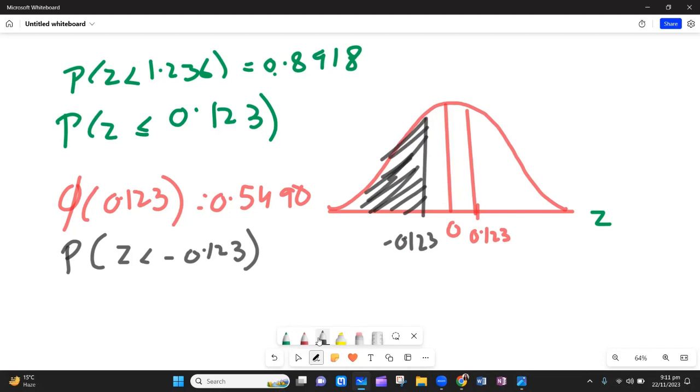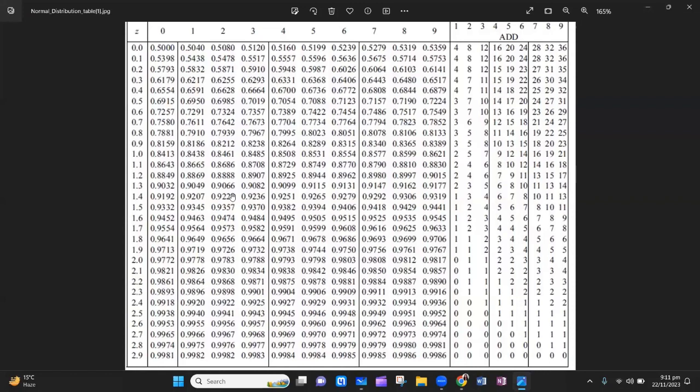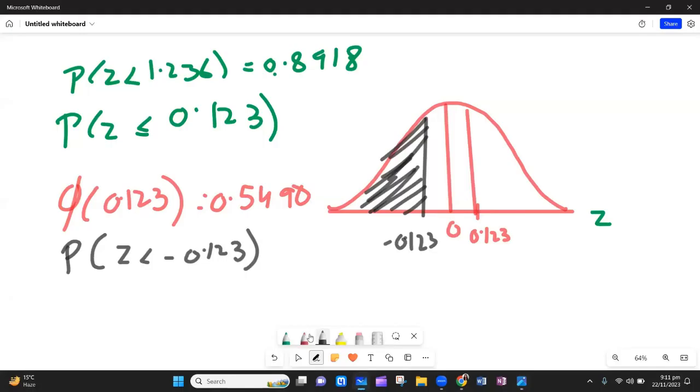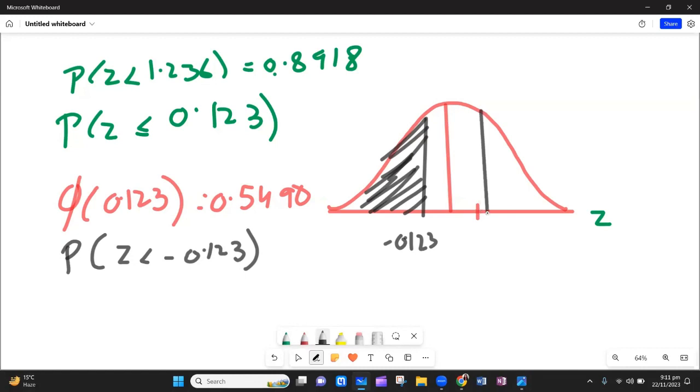Now this is going to be a problem because we don't have negative 0.1 anywhere on this chart. We don't have negative numbers. So this chart does not cater for negative numbers. So we need to do a bit of fixing. Now notice that this probability or this area is going to be the same as this area because this curve is very symmetrical.